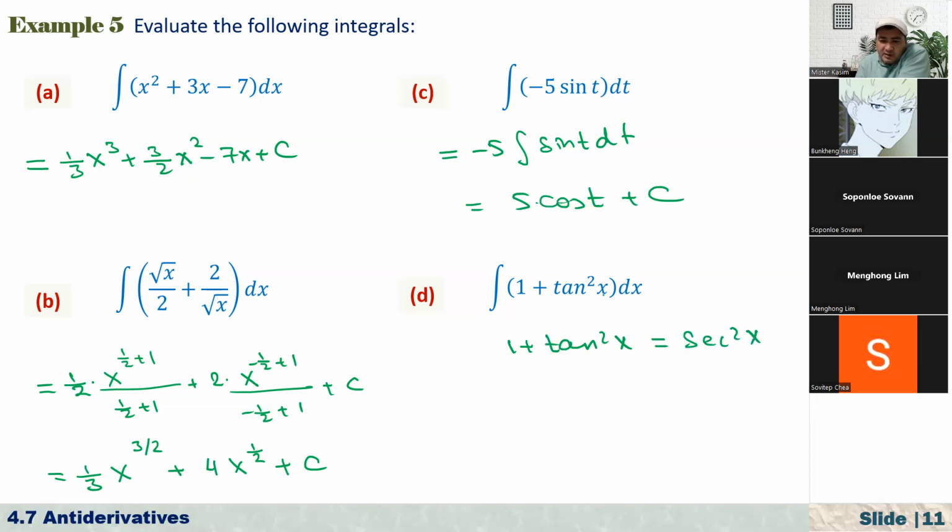So if I substitute here, we have the integral of secant squared of x dx. Now what function's derivative is secant squared of x? That is tangent of x, plus c.